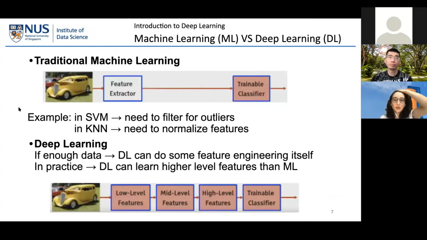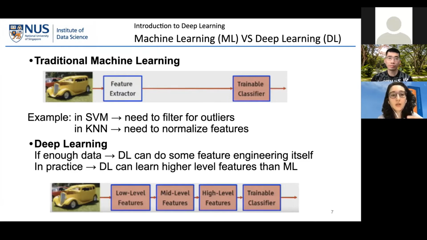Then I would like to introduce the slight shift between machine learning and deep learning. So deep learning is a subtype of machine learning, okay? Conceptually, it's very close.